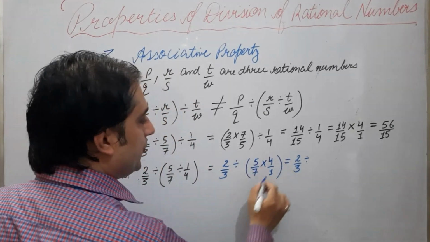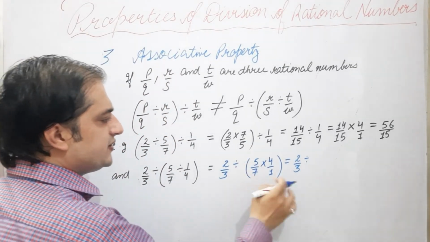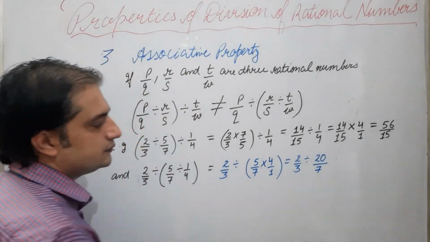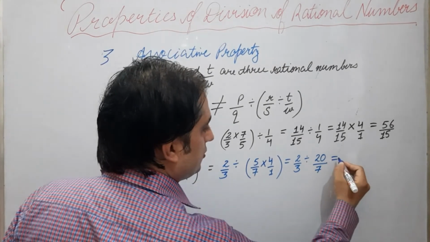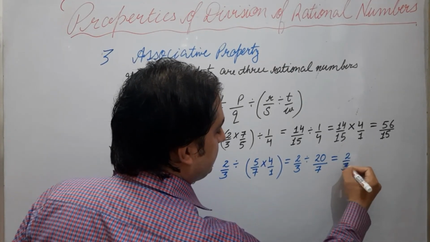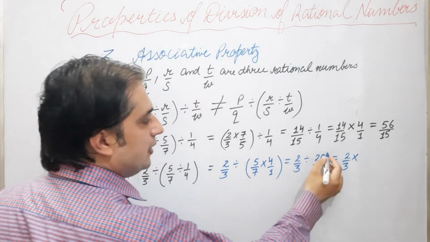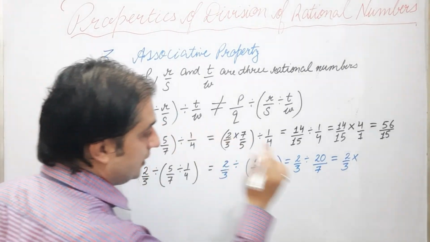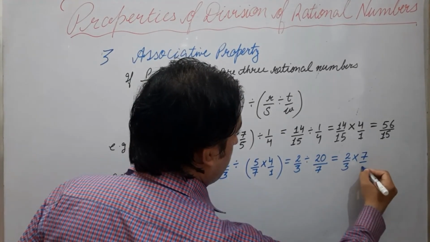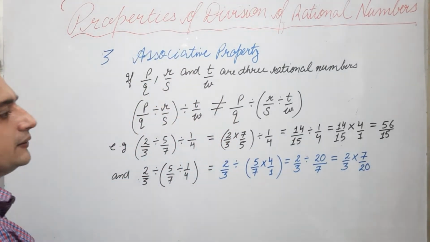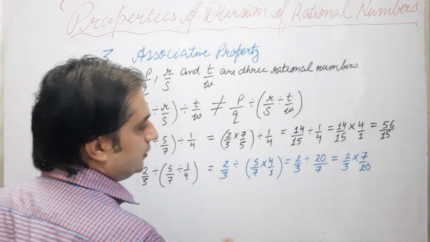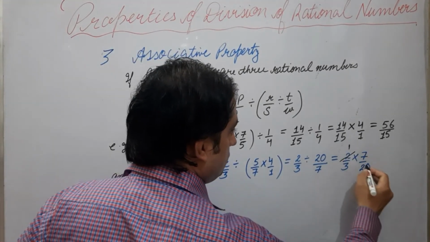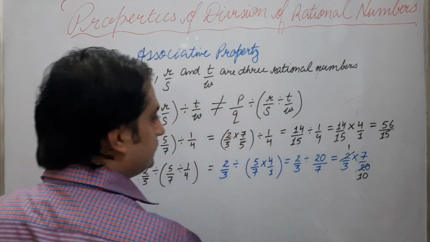So what is the answer? 5 4s are 20 and 7 1s are 7, the product of numerators and the product of denominators. Now again the same process. 2 by 3, the dividend, as it is, multiply it with the reciprocal of the divisor. Dividend, divisor. So multiply it with 7 upon 20. Let's cut down its values. 2 ones are 2, 2 tens are 20.